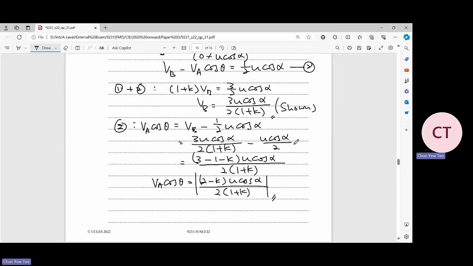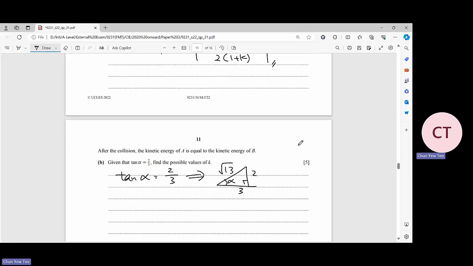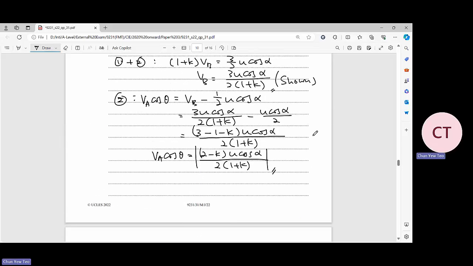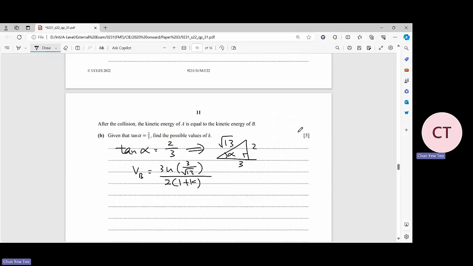Let me just find vb first. So vb is 3u cos alpha over 2(1 plus k), and cos alpha is 3 over root 13.